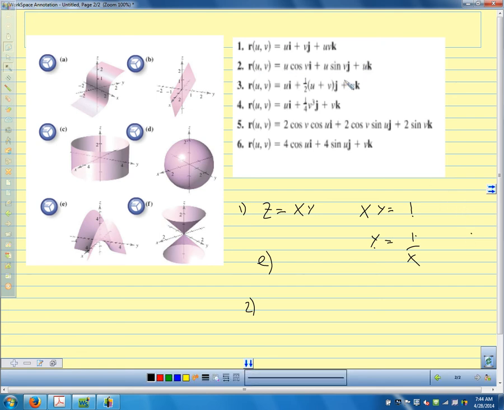So let's square the x and the y. X squared plus y squared equals u cosine v squared plus u sine v squared. So I factor out a u squared times sine squared v plus cosine squared v.